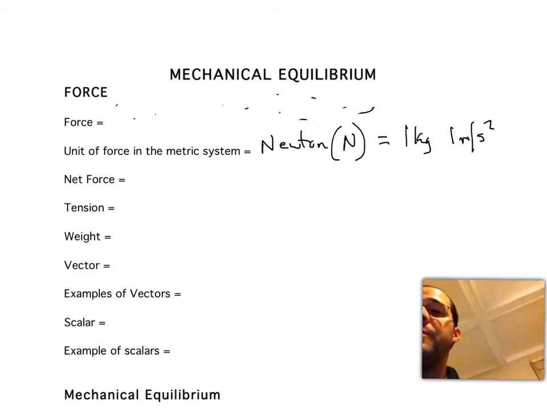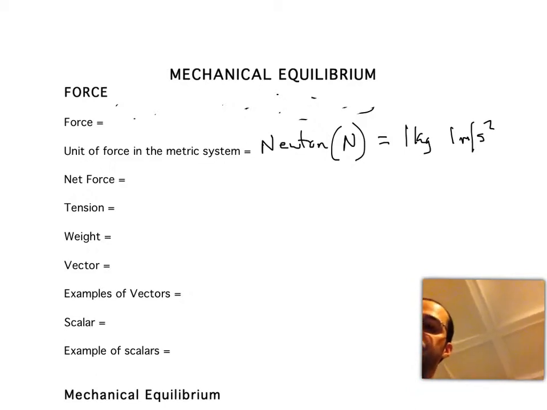So that's our unit. It's kind of hard to tangibilize exactly, but if you have a 1 kilogram object, you accelerate it at 1 meter per second squared, well, that's the equivalent of 1 Newton of force.